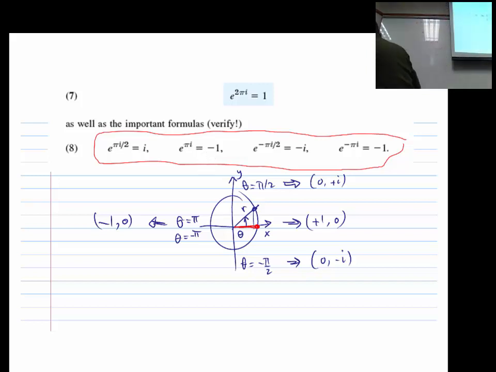The other way, where you don't have to apply this formula but your eye can tell you immediately, is that when you see e to the power pi i, you should imagine as if you are looking at 1 times e to the power pi i. Now this number is in the form r e to the power i theta. So obviously the r is 1 and the theta is pi, right?